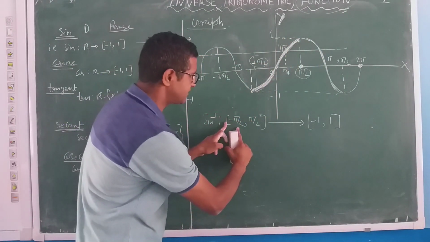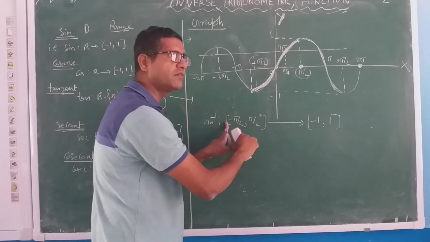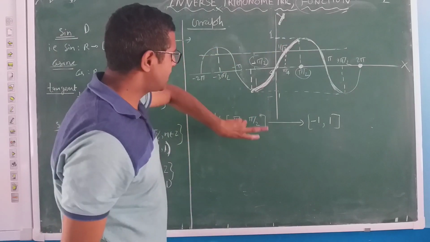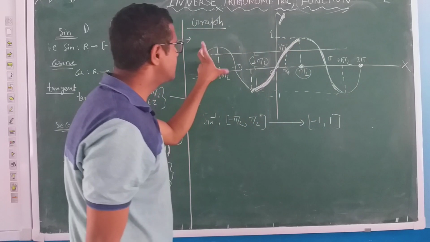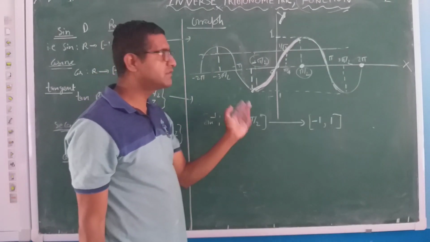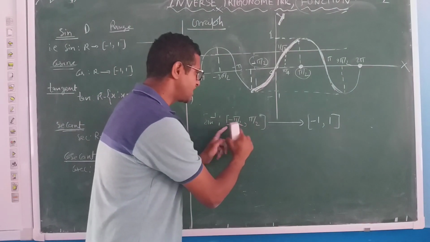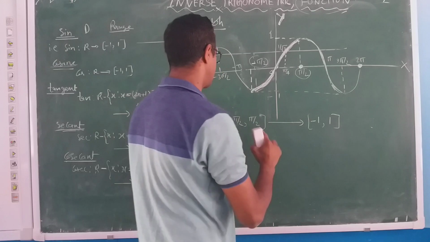This is called the minus pi by 2 to pi by 2 principal domain. We only solve problems for the principal domain. That's why I have taken this. Otherwise, we could take this and this, but you will not solve problems for those, because internationally we have accepted only this principal domain.